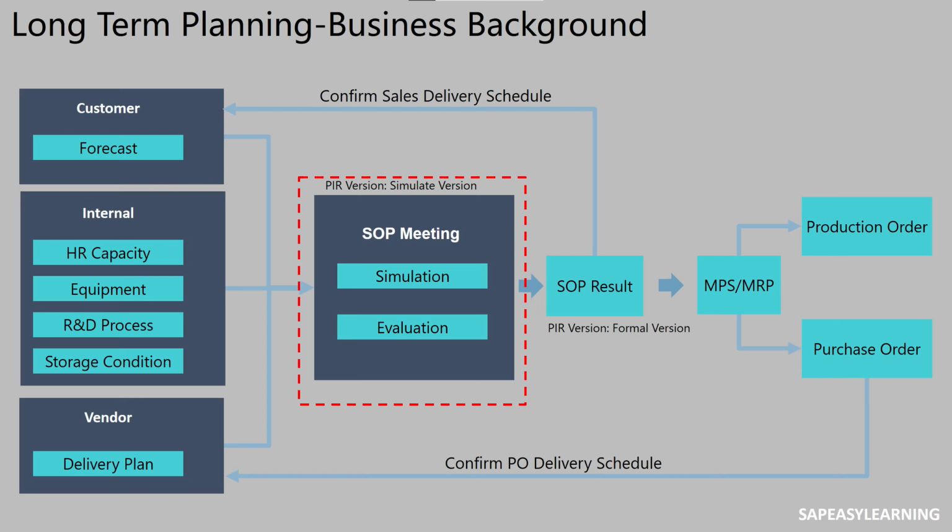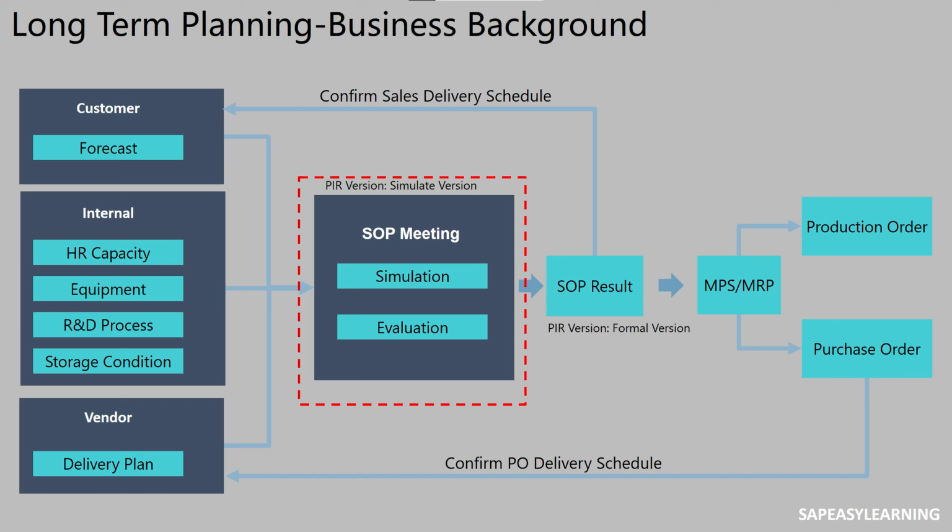But before the SOP meeting, our sales will not give confirmation to the customer because we didn't know if we can fulfill their requirement. So that's the main answer we want to get from this SOP meeting.